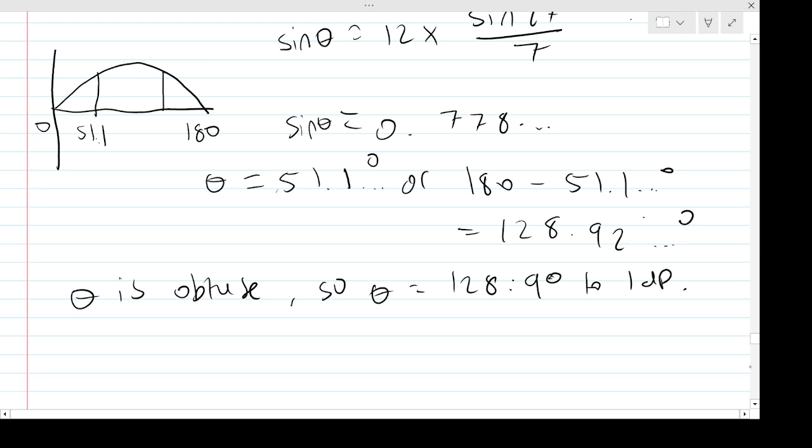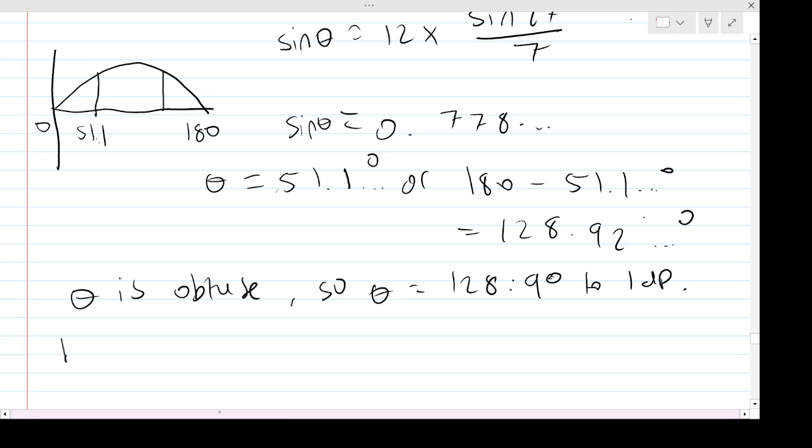And there we are then. So actually it is the other solution in this case. A lot of people would probably fall for the trap for the first solution, but it's not, it's the other one. So that is why considering the other solution is very important. You must always, with the sine rule, consider the second solution, as this question proves here.